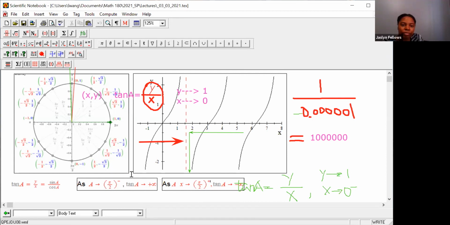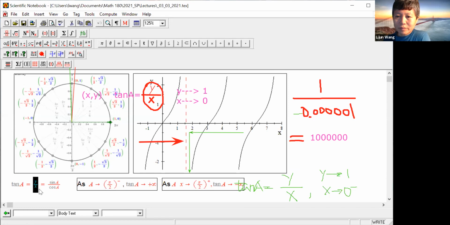Right. But how can you figure that out? Well, that's a very good question, Jocelyn. We all forget things, right? Suppose in a moment your mind is blank. Say, what is the sign of tangent in the second quadrant? How do I figure it out?